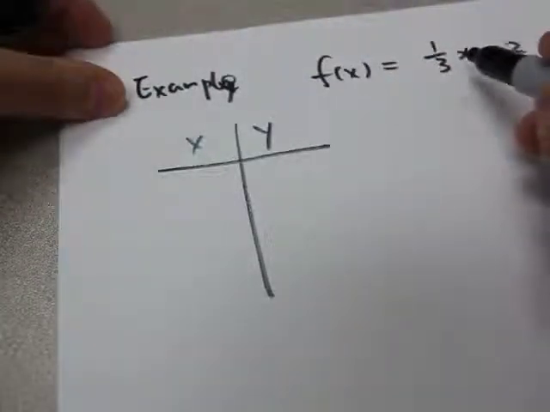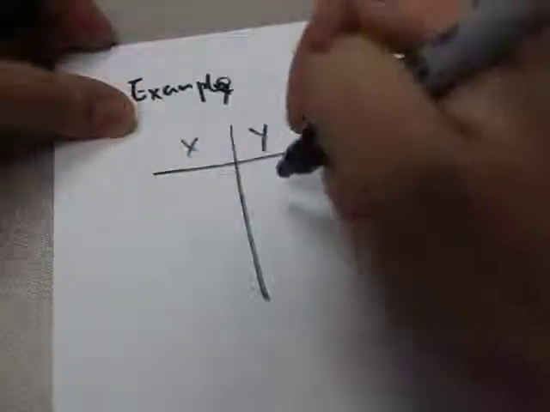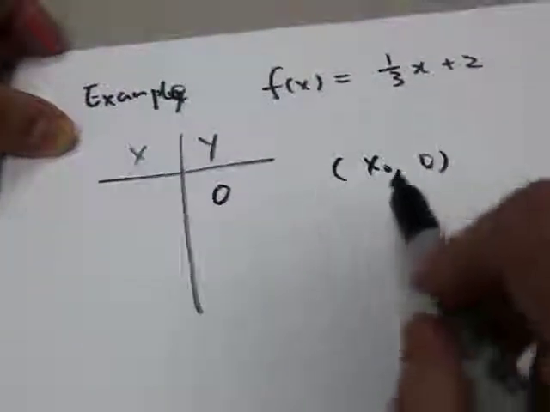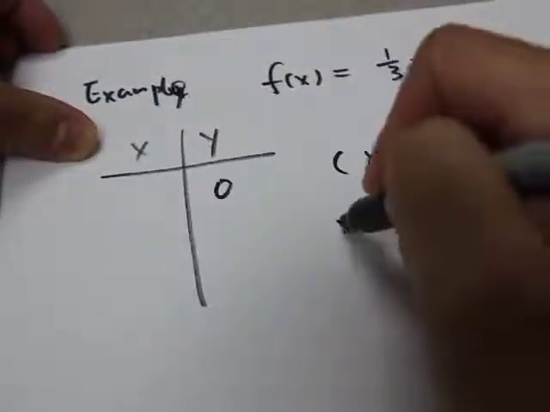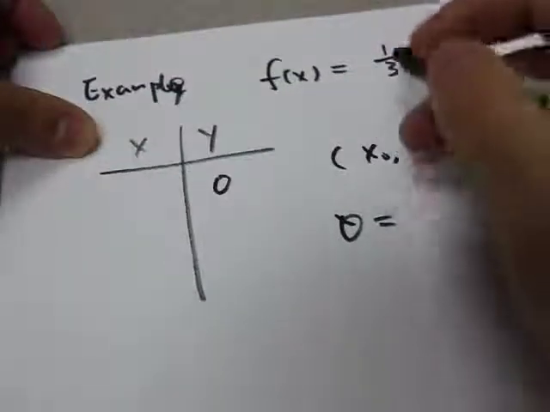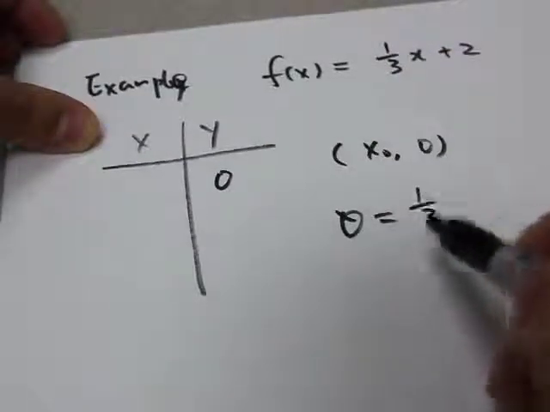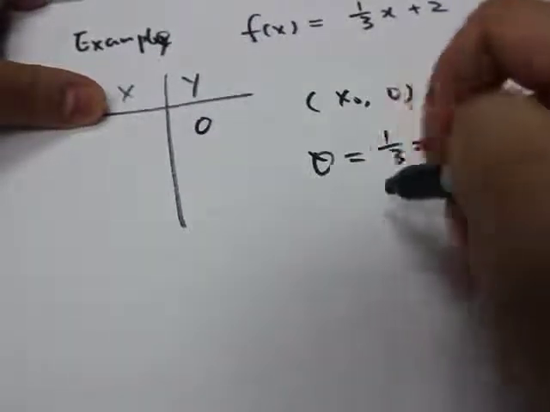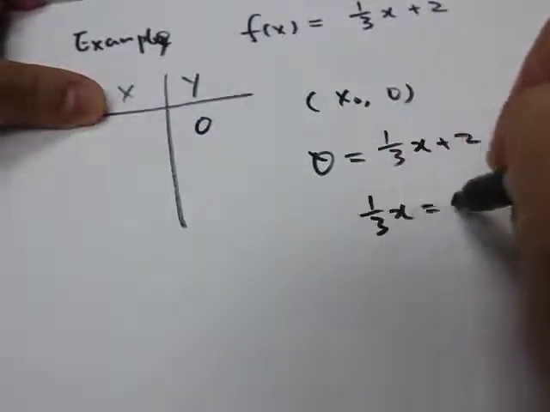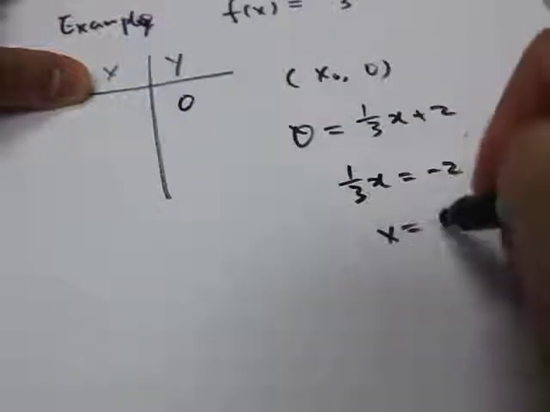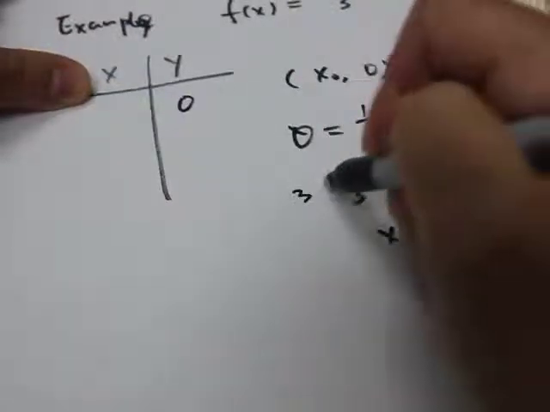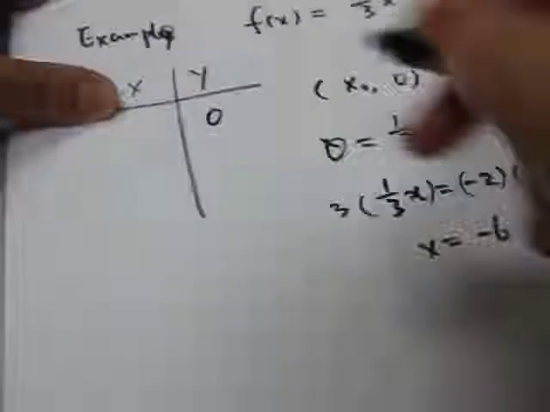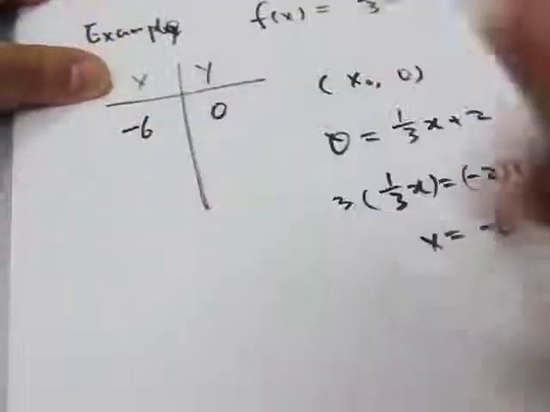So first, to find the x-intercept, because y is 0, when y equals 0, on the right hand side we have 1/3 x plus 2. If we solve this equation for x, we have 1/3 of x equals negative 2, so x equals negative 6, right? We multiply by positive 3 on both sides. So this is negative 6.